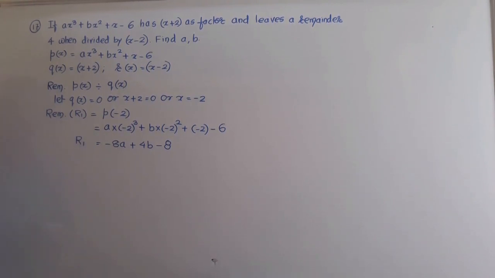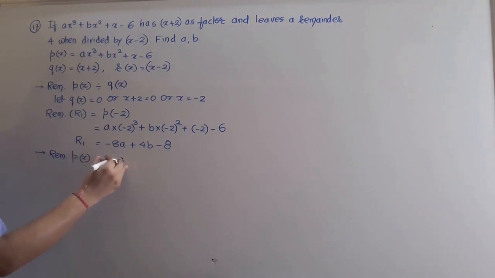Okay, now let us find out the remainder. Here the remainder I found when p of x is divided by q of x. Now I am finding the remainder when p of x is divided by r of x.